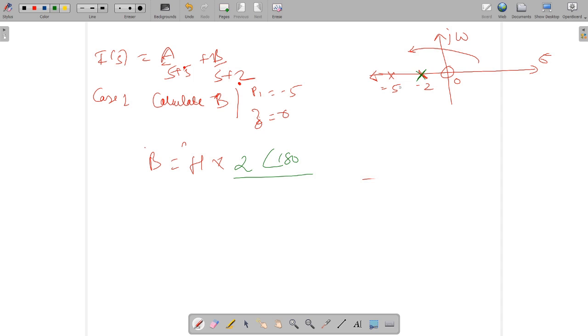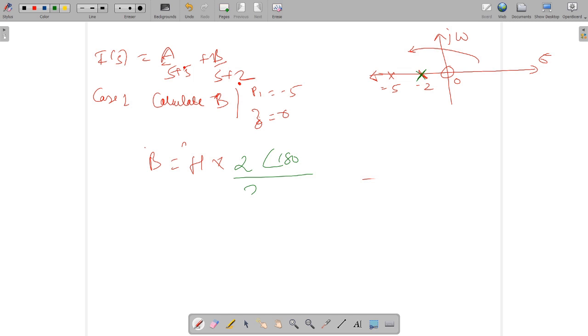Now, the distance between this and this. Now you see, the reference pole is here and another pole is here. So you are moving in this direction only. No, you are not going to turn in this direction, because your reference pole is here. Your reference pole is not above minus 5. So in this case, what will be your angle? First, you will have to calculate the magnitude.